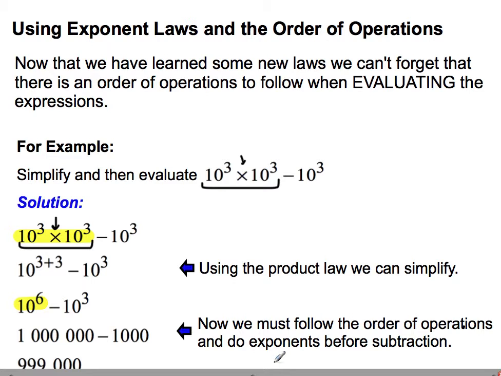Okay, so again, there's only laws for multiplying two powers with the same base and dividing two powers with the same base, not subtracting or adding. And that's when I know I have to go to the order of operations to evaluate.